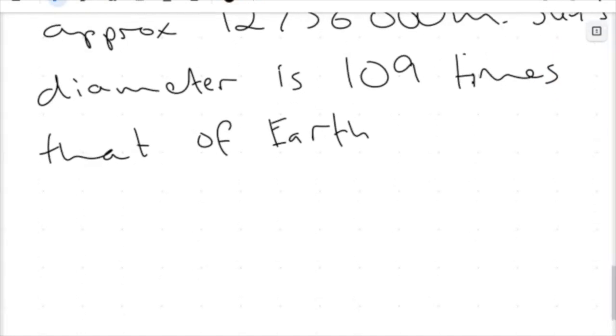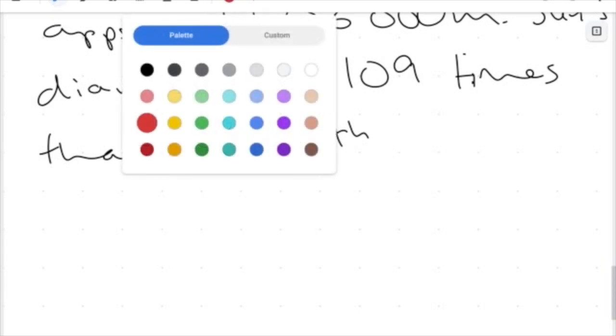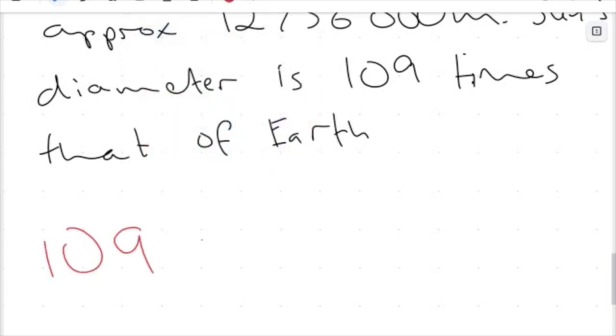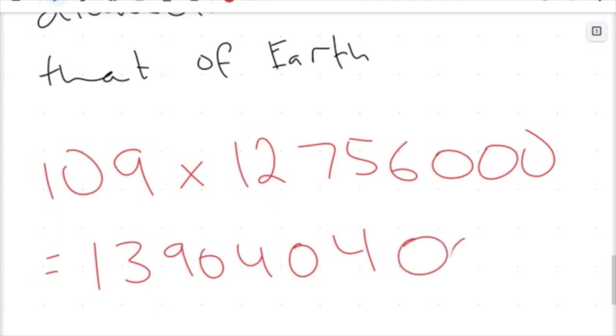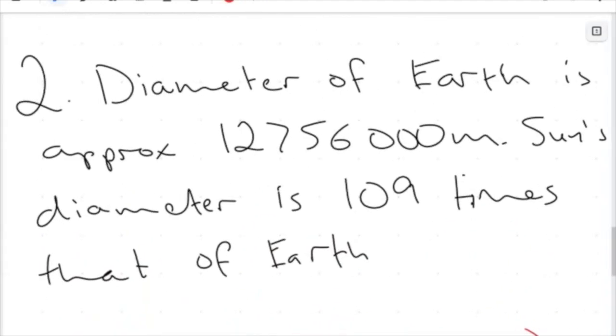So I'm going to pop into my calculator 109 times 12,756,000, and I'm going to get an answer of, okay, I'm going to write out all these digits here. Okay, this is my answer, and this was in meters.